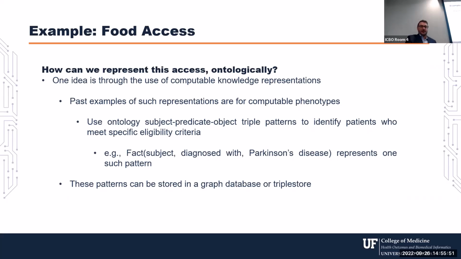And so here you have one of these little tuples, and what it says is subject diagnosed with Parkinson's disease. So this would be used maybe in an electronic health record database to identify patients who have been diagnosed with Parkinson's disease. These patterns can be stored in graph databases or triple stores, just as an aside.